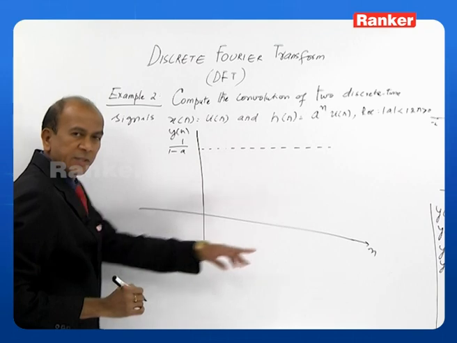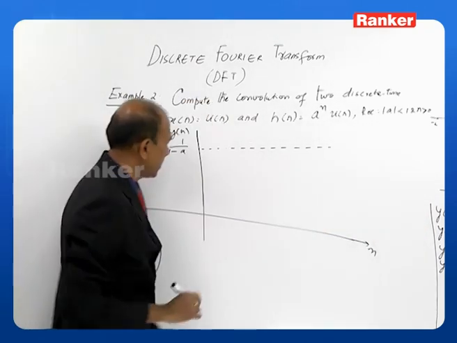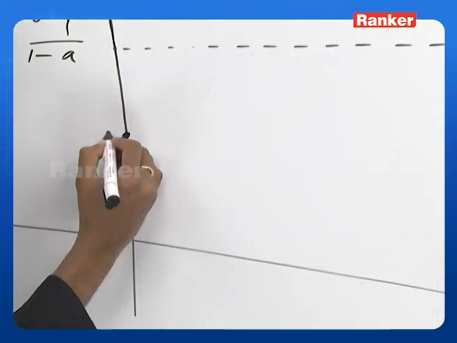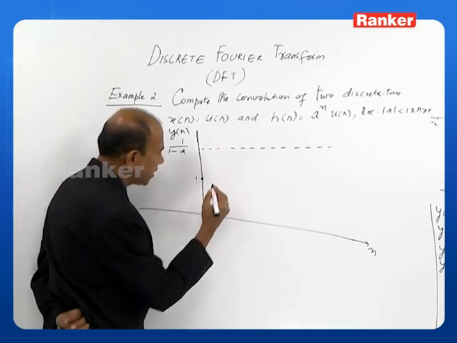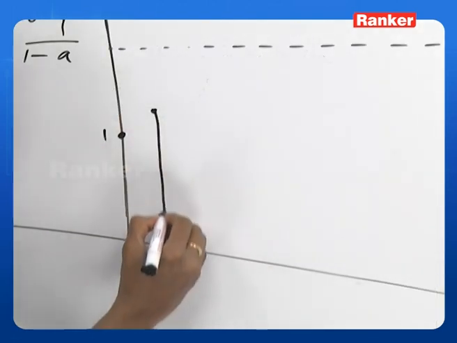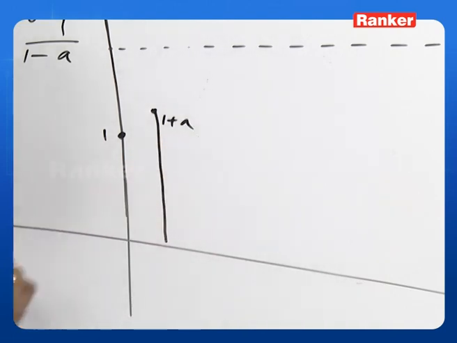So I repeat. Let us start with y of 0 is 1. So let us say 1 is somewhere here. This is my 1. The second point is 1 plus a. So let us say this is somewhere here. This is the 1 plus a plot for me.